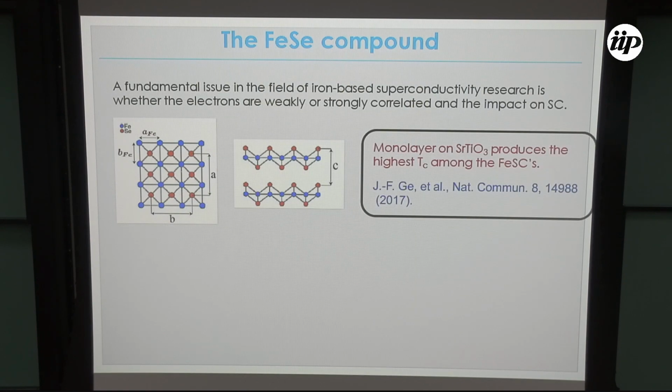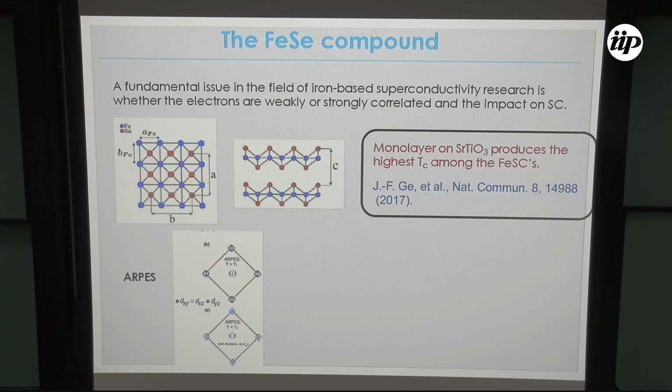But also a very interesting fact is that a monolayer of iron selenide grown on strontium titanate produces the highest Tc among all the iron-based superconductors. And this, of course, hints at an unconventional mechanism at work in these materials.